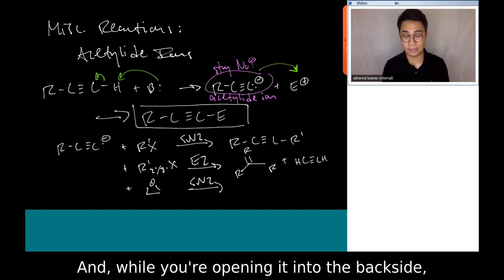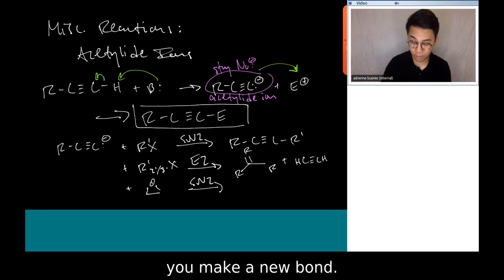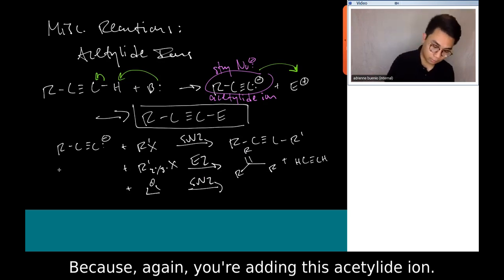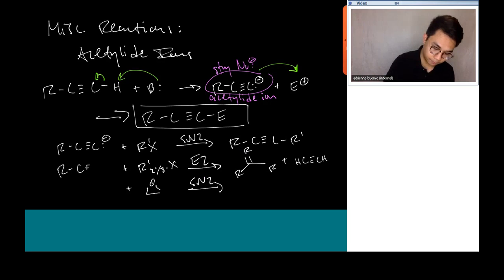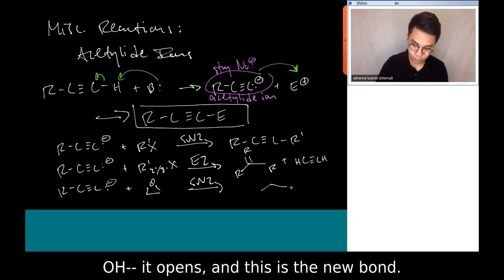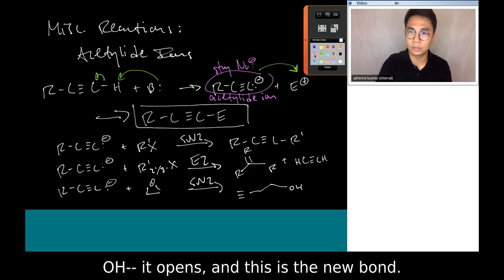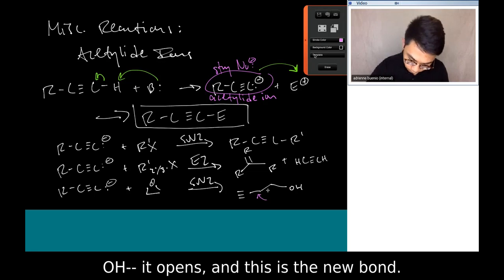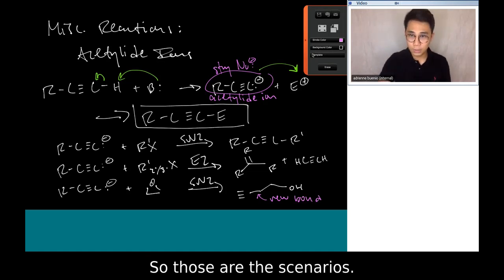And while you're opening it, since it's the backside, you make a new bond because again, you're adding this acetylide ion, right? So you just end up with this OH. It opens, right? And this is the new bond. New bond, right? So those are the scenarios.